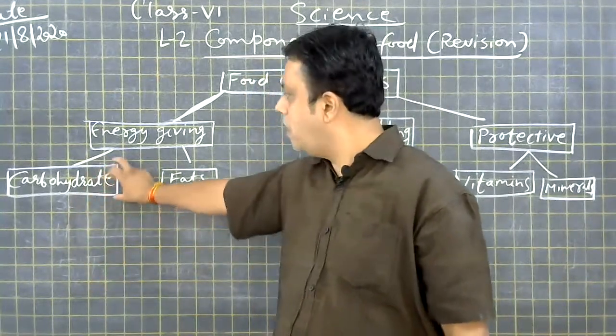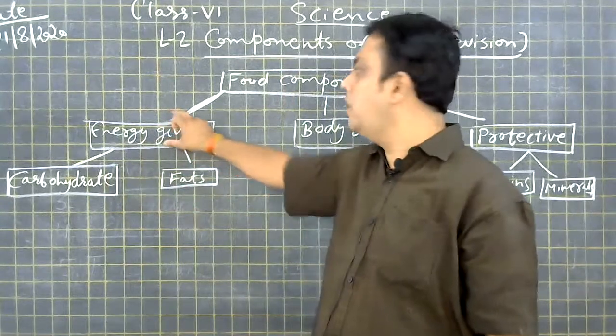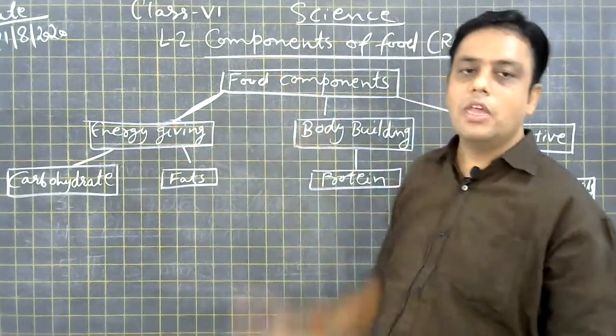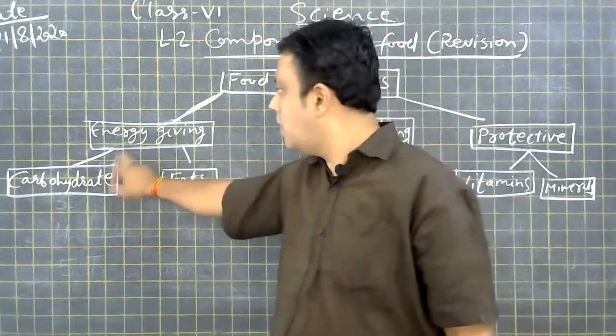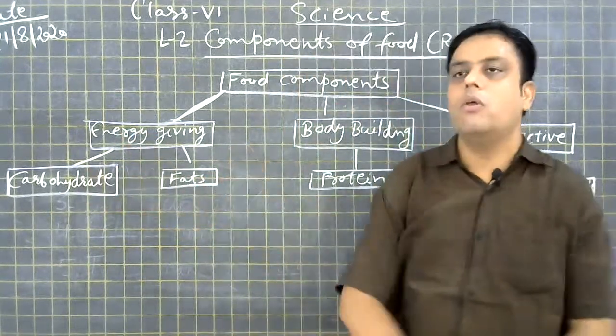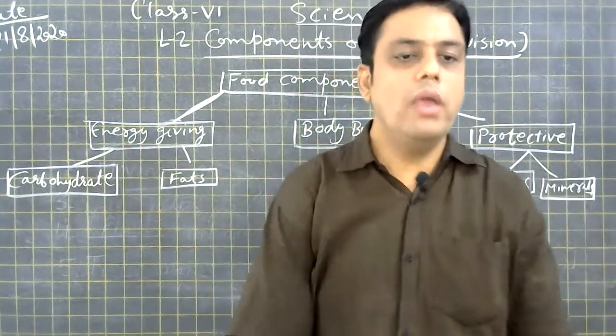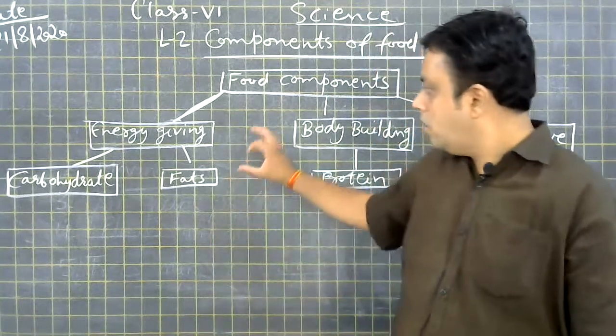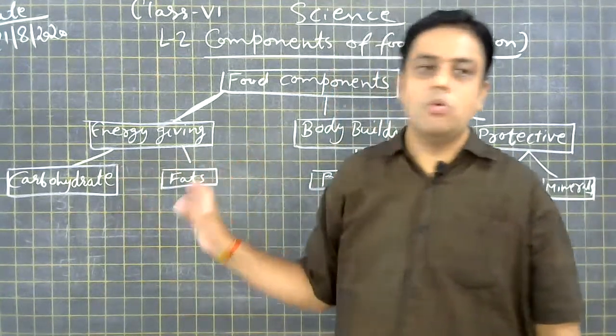What is the use of carbohydrate that we have already mentioned here? It is an energy giving compound. Carbohydrates are energy giving compounds. Like that, fat is also an energy giving compound. But what is the difference between these two compounds?